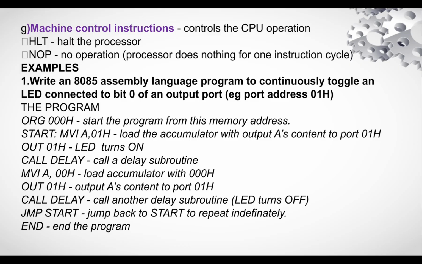And since I'll have used port 01 hexadecimal, I can use another branch or control transfer function, which is jump, to start, such that it will jump back to its starting position, which was at 00, then continue the same process.